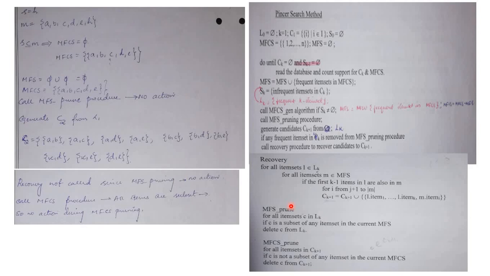One more key point of this algorithm is that the final answer will be there in MFS. So when the frequent item sets are already present in MFS, why maintain them in L again?